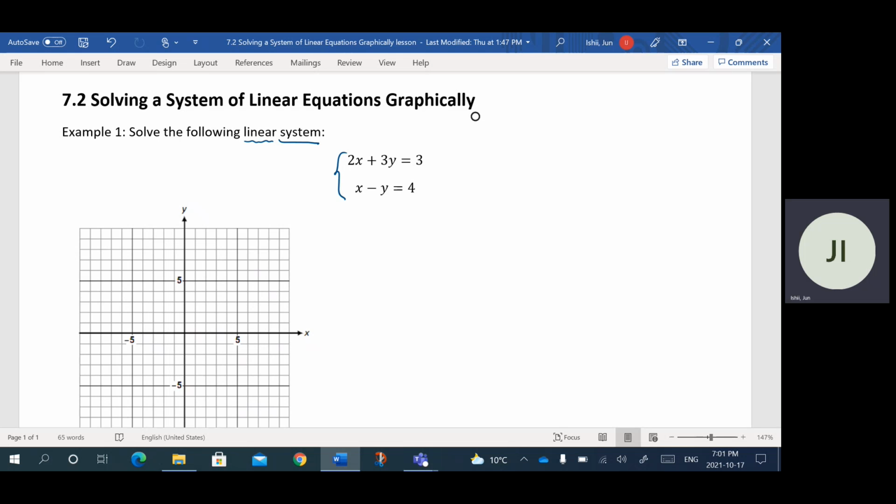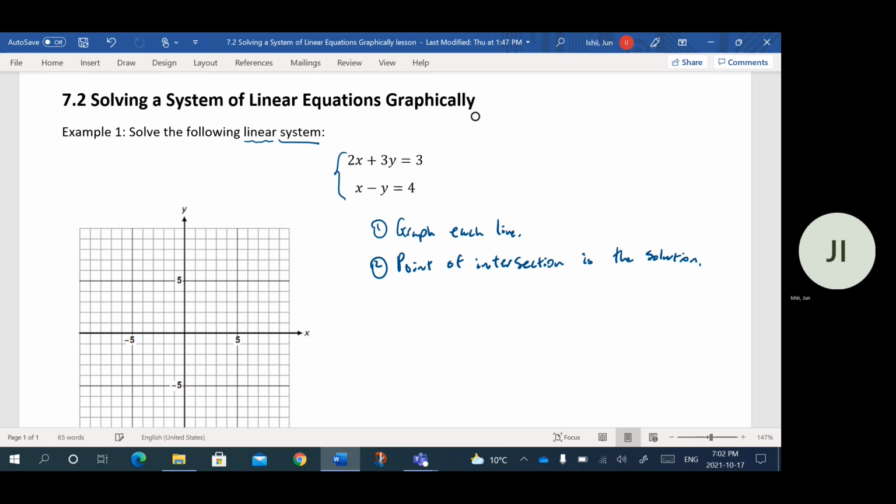So how are we going to solve this graphically? There are only two steps here. We're going to graph each line, and then find the point of intersection. If you imagine drawing two lines, the point of intersection, or where they intersect, is the solution.